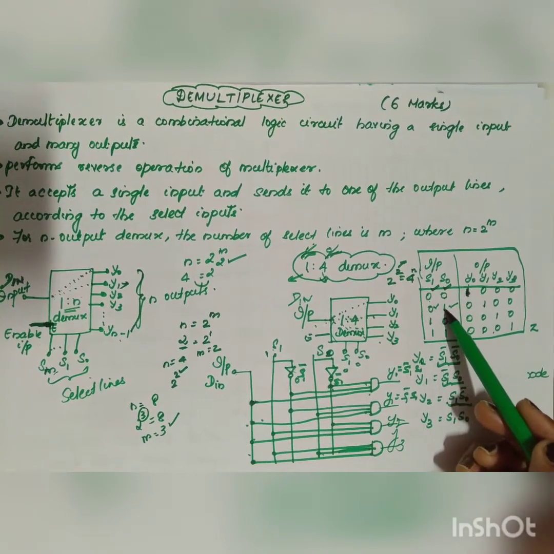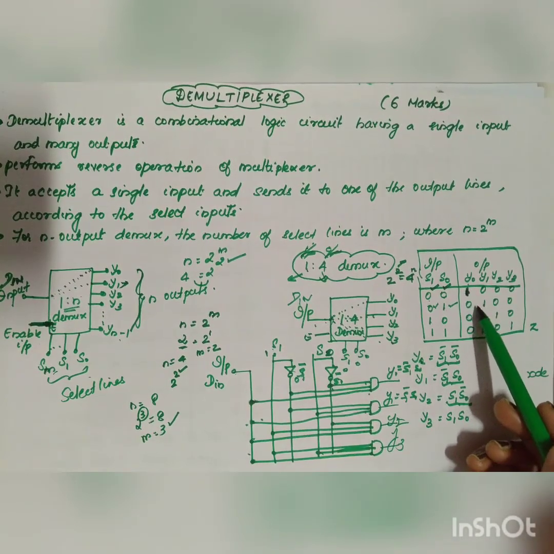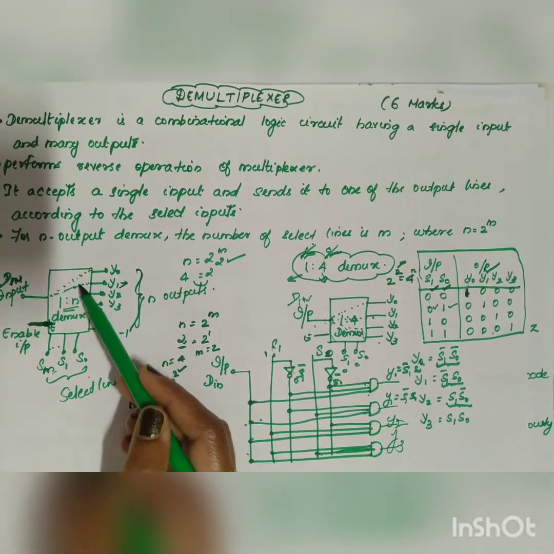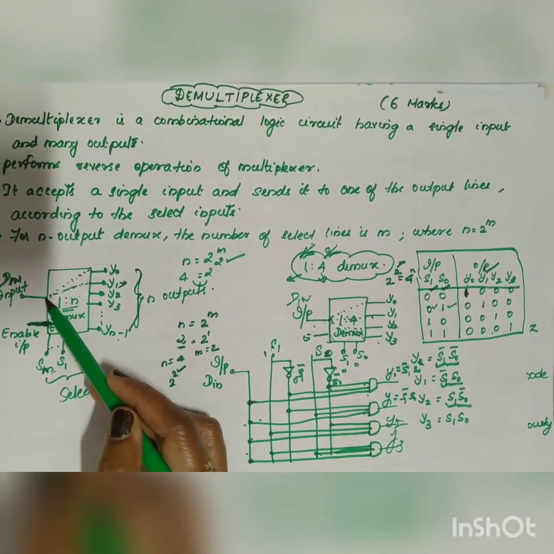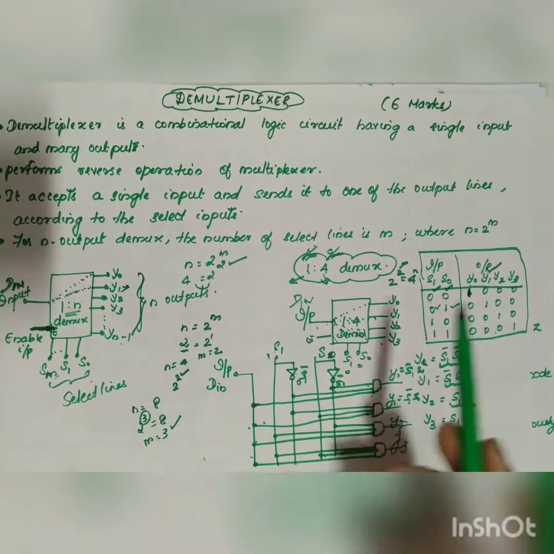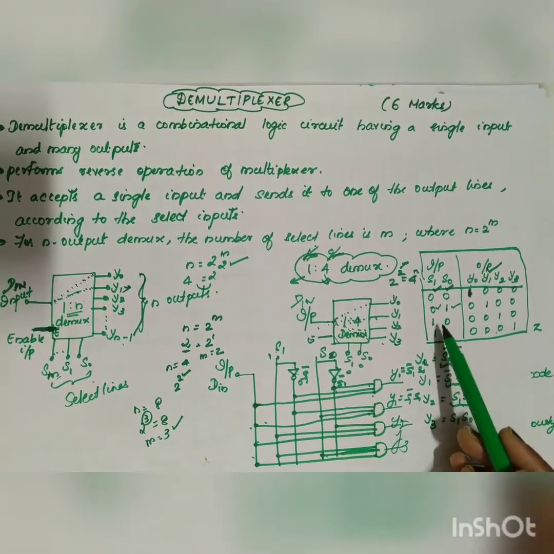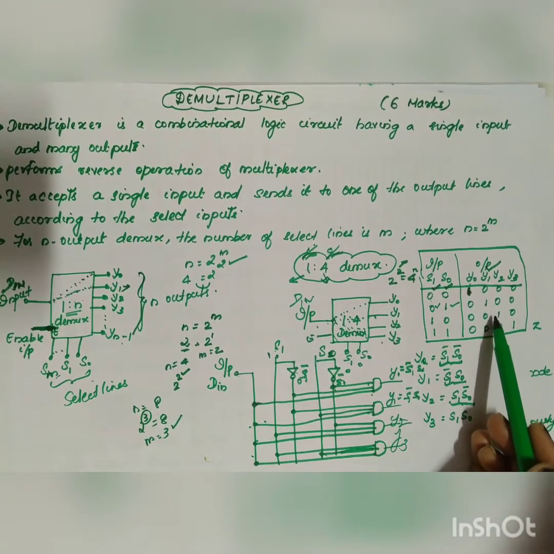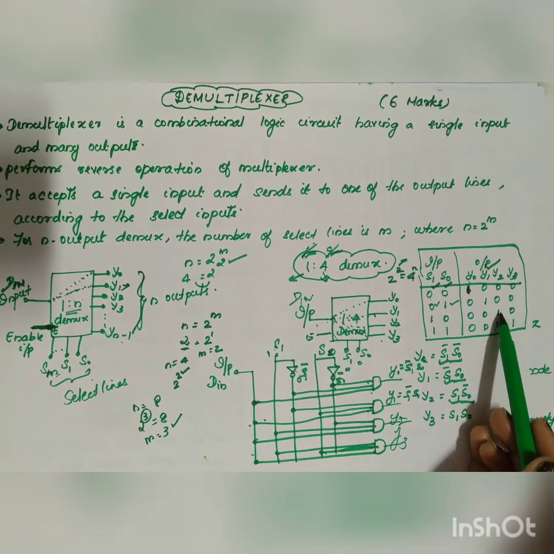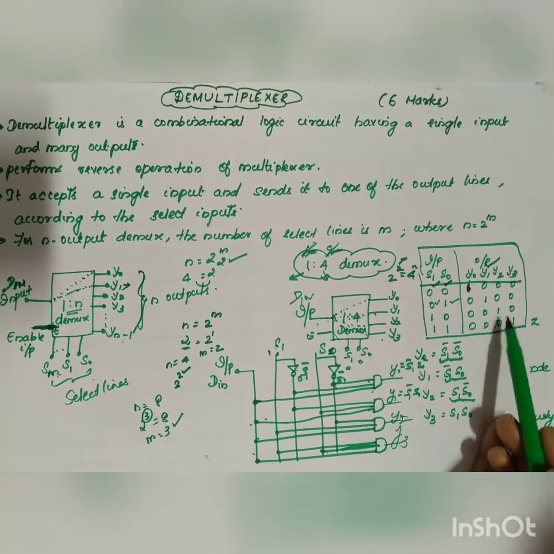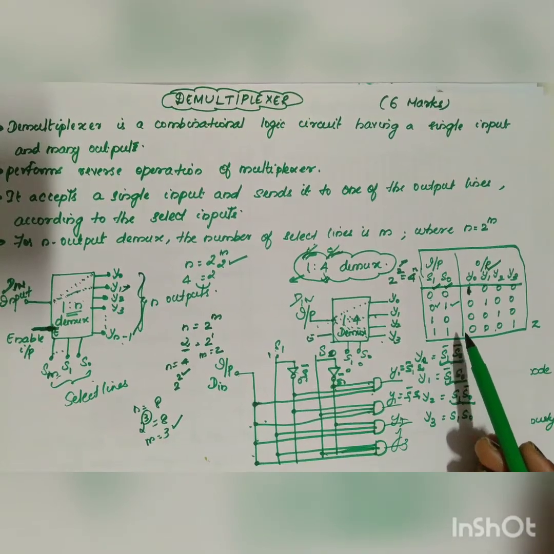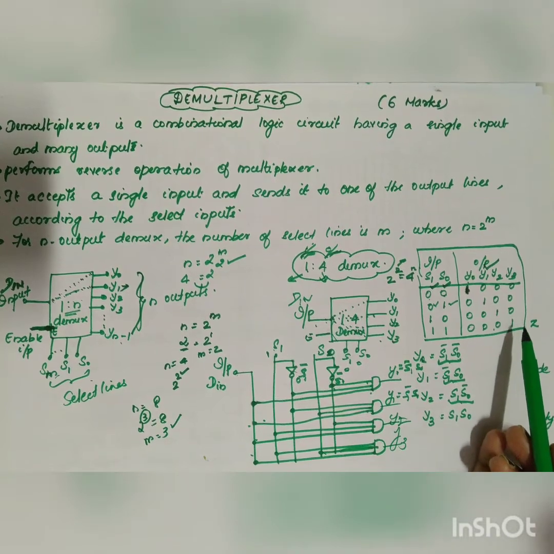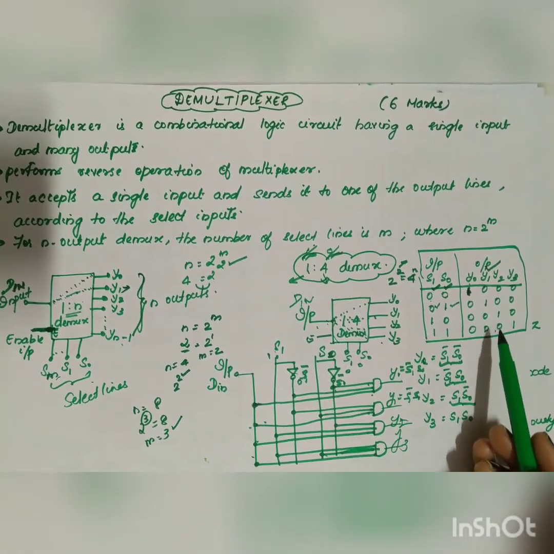Similarly, when you have 0, 1 as your select lines, the data will be passed to Y1, and in all other cases it will be 0. If it is 1, 0, your Y2 will be selected, and all others will be 0. If both select lines are 1, 1, you will get the output across Y3.